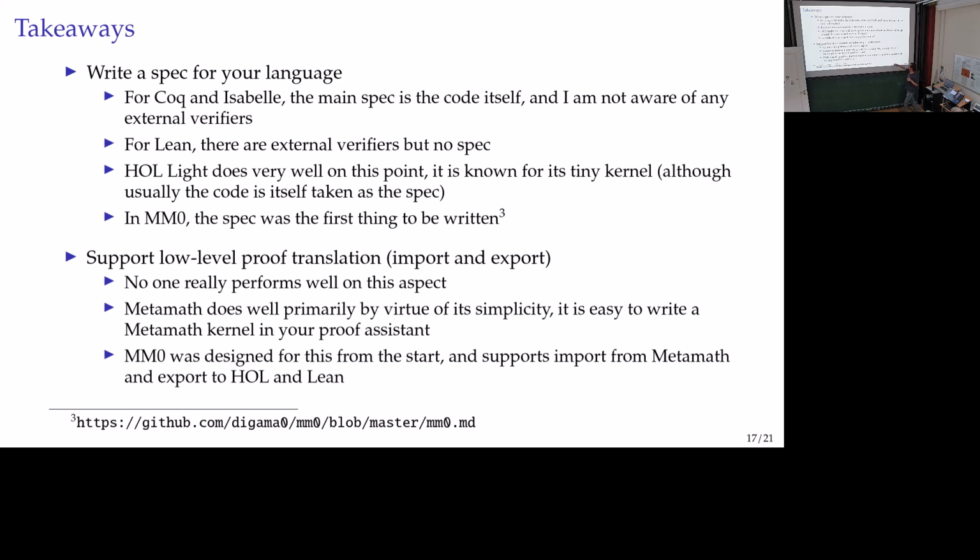You can import from Metamath, and you can export to HOL and to Lean. Which HOL? Generic HOL. Open theory? It's sort of HOL-looking and sort of easily retargetable to a specific HOL system.